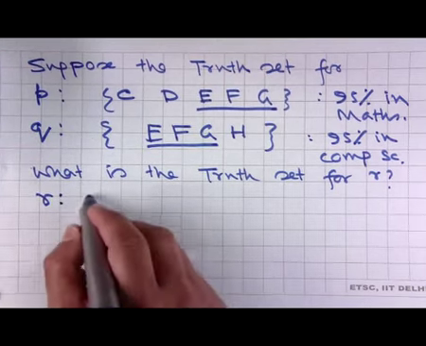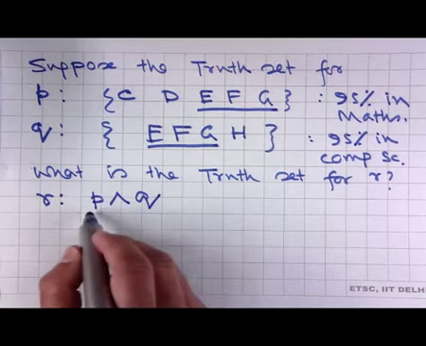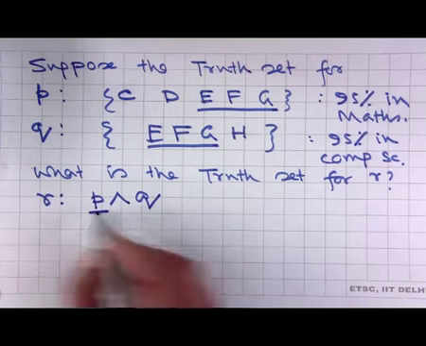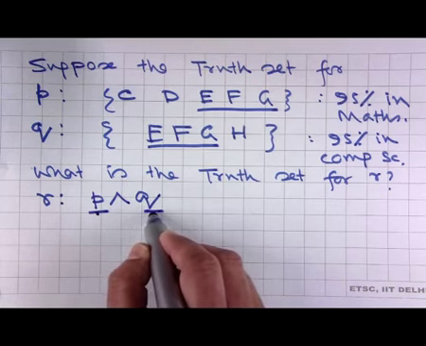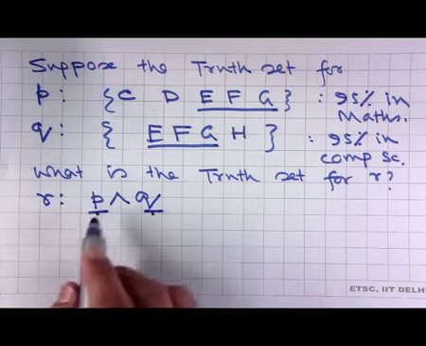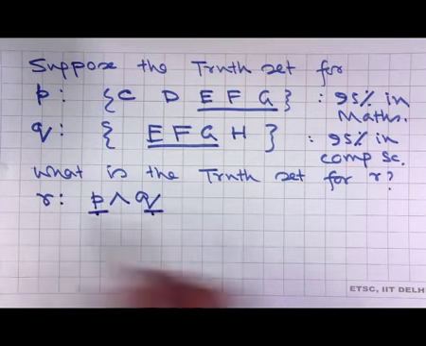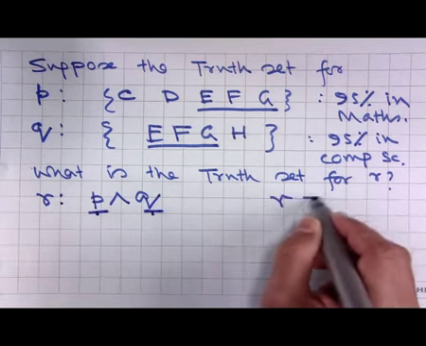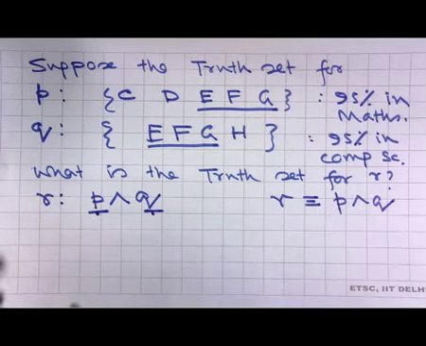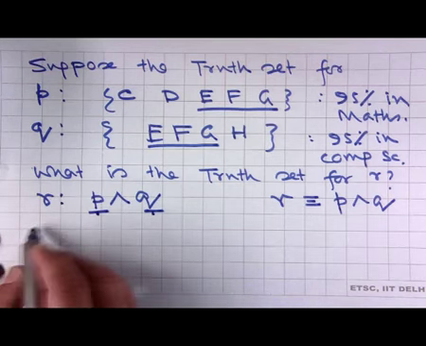Since R is nothing but P and Q. P, student got 95% in maths, Q, student got 95% in computer science, R, student gets prize if got 95% in both the subjects. Therefore, R is equivalent to P and Q. So, let us look at how it works. Consider the 4 cases.